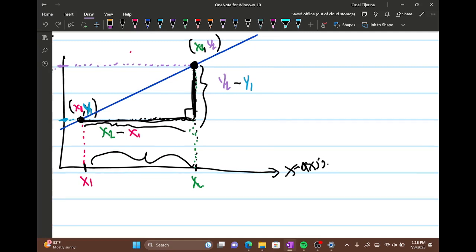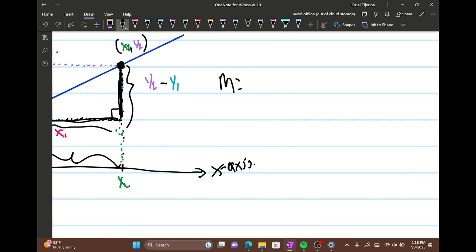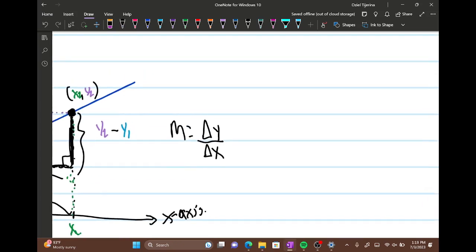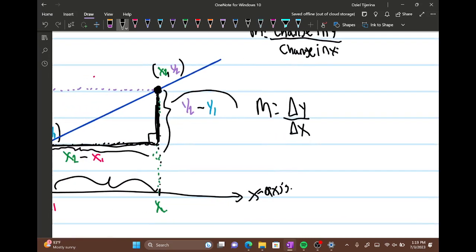Slope is always m equals the change in y over change in x. Let me do it like this. M equals change in y over change in x. And we know that the change in y is this.